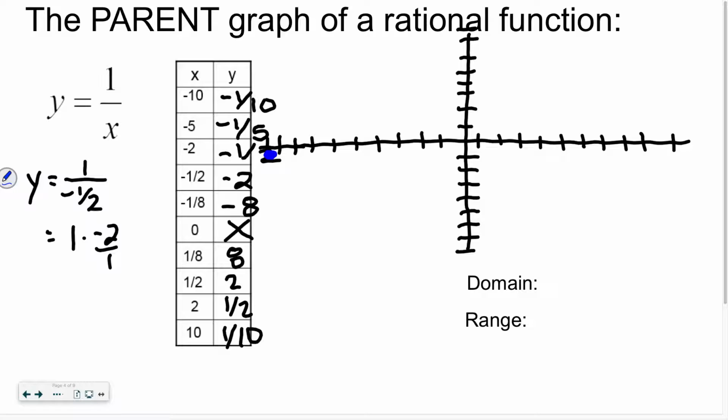So I go 5 to the left, and then down a fifth, which isn't much more, is it? It's also really close to the x-axis, negative 0.2 if you check in your calculator. At negative 2, I'm at negative 1/2, so that's getting a little bit better. I'm finally moving away from the x-axis. At negative 1/2, if I go left a half, then I get to go down 2.